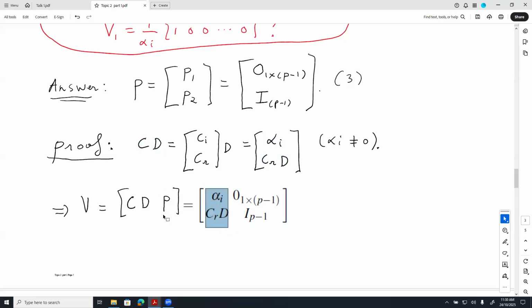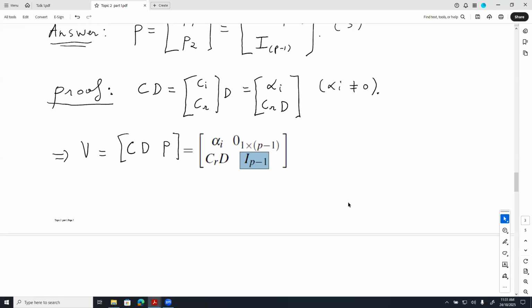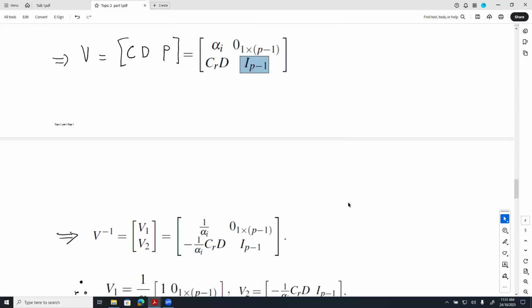And because we chose P to be this form, we can see clearly that this is an invertible matrix. It's invertible because this one has a non-zero element here, and this is an identity matrix. We can easily obtain the inverse of matrix V, and it is given by this expression.